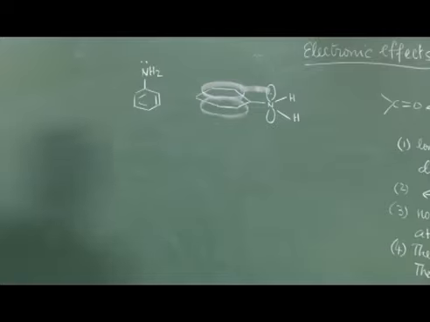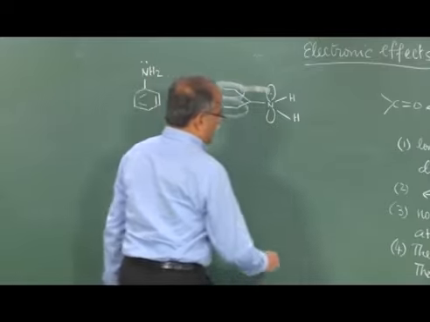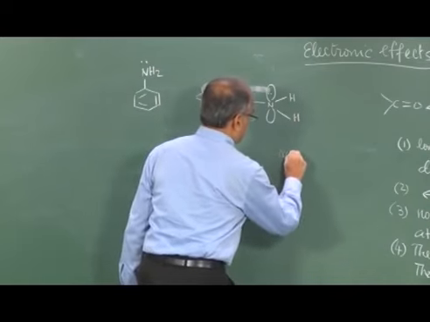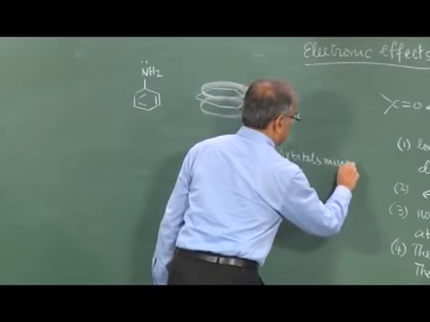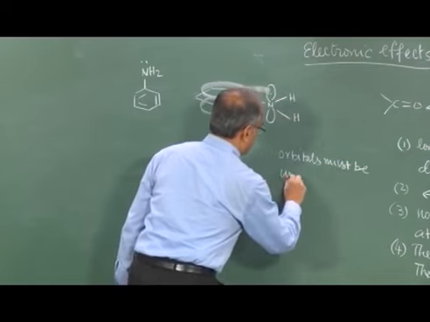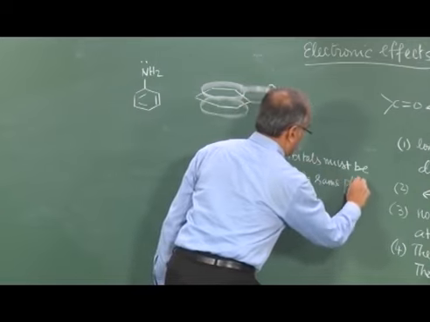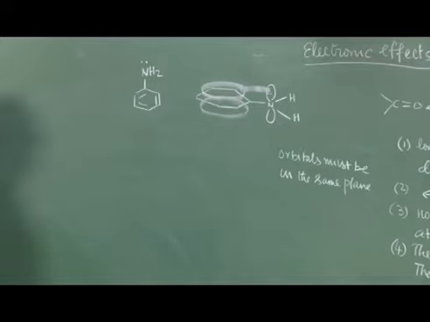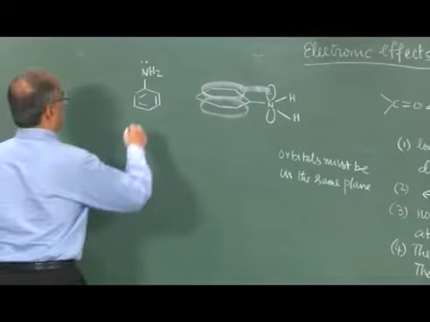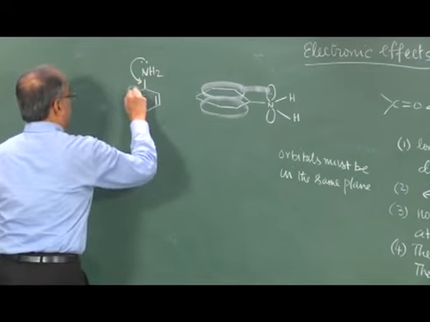One of the principal requirements for delocalization of the electron is that the orbitals have to be in the same plane. If the orbitals are in the same plane, it facilitates the lateral overlap and thereby delocalization can be written. So, one can write the delocalization of electrons in this particular manner.